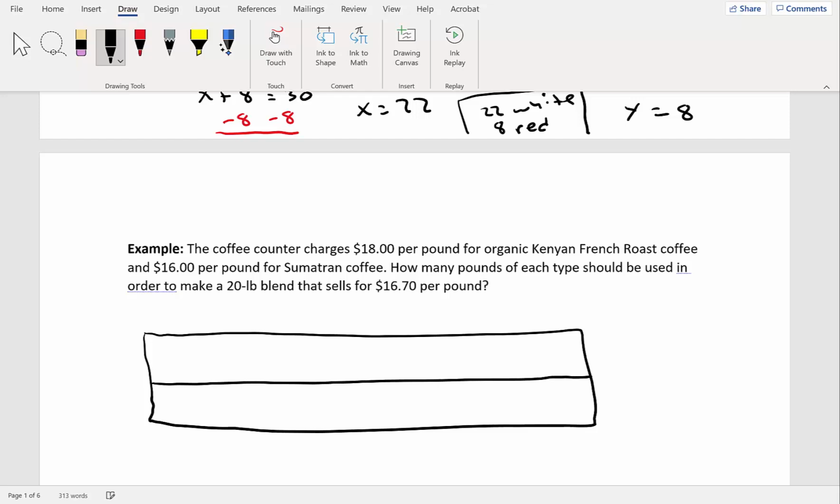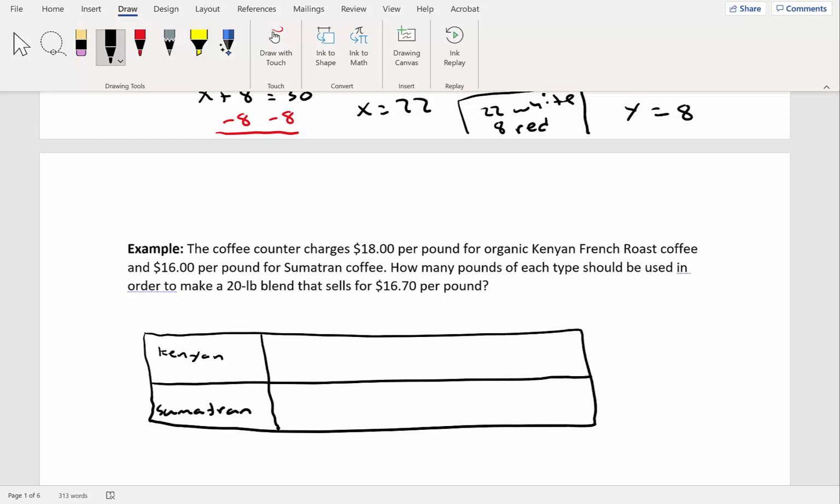Break it up into two columns for our two unknowns. Okay, so our first column we have Kenyan French roast. Another one we have Sumatran. Now our first column, we don't know how many pounds of each that we need.